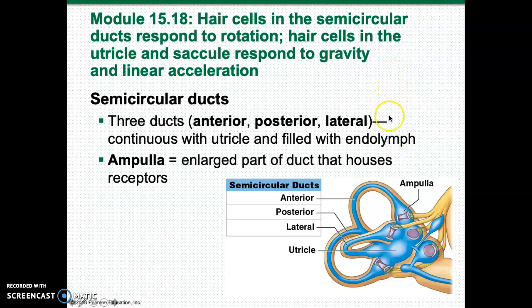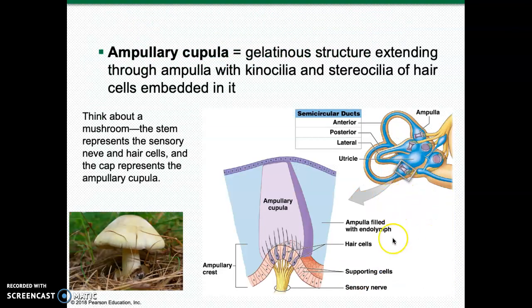The semicircular ducts, you don't need to know the names of them, but at the base of each semicircular duct is a little tiny object called an ampulla, and inside that ampulla you will find receptors. So here's the ampulla enlarged, and you can see the hair cells.